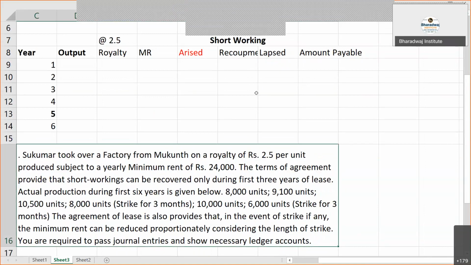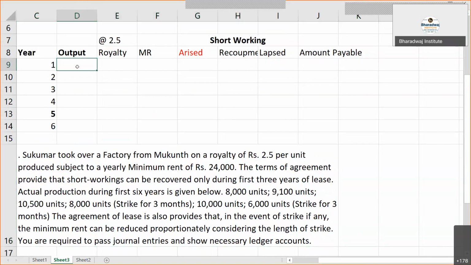Try to prepare the table alone. Just prepare this particular table for 6 years. Royalties at the rate of 2.5.